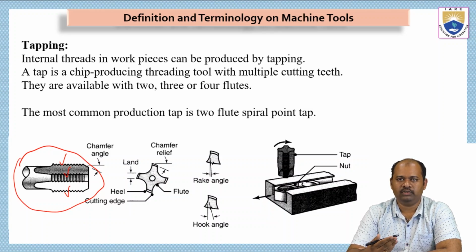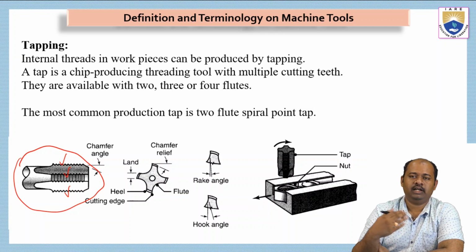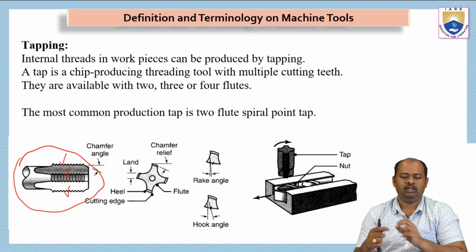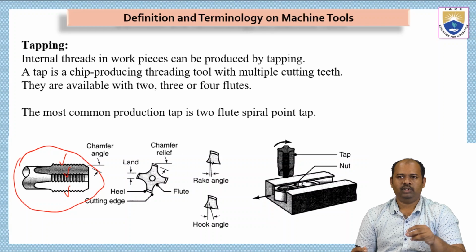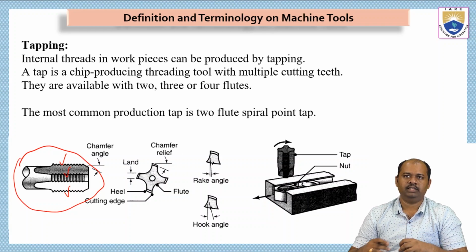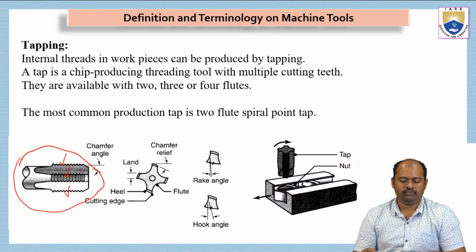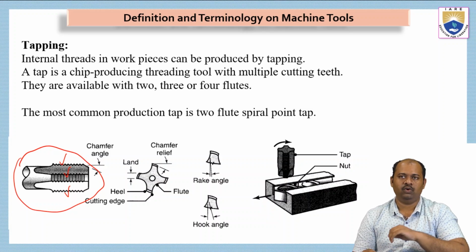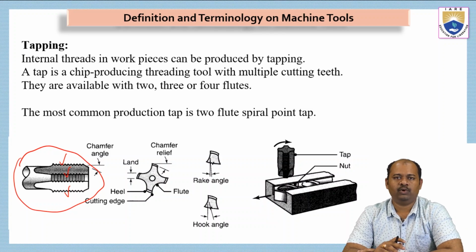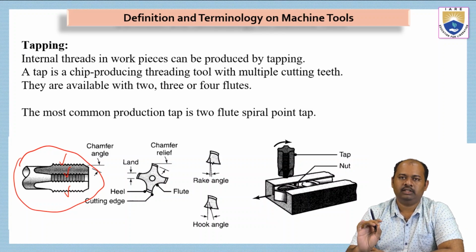All these 4 flutes will work as thread cutting devices. When this tapping tool is inserted into a hole and it is screwed tightly, we can see the formation of threads on the internal surface of the hole. So tapping is the process which is used to create threads on the internal surface of any metal plate.